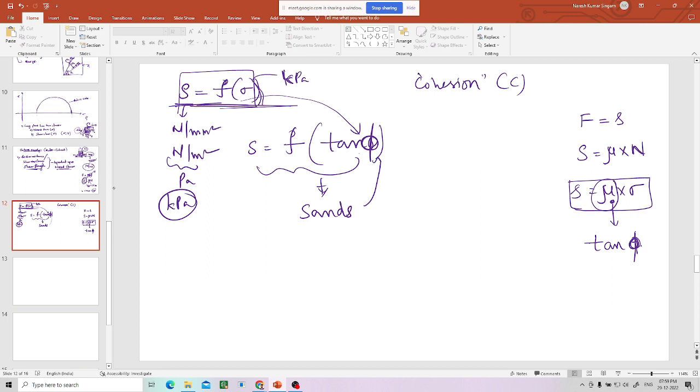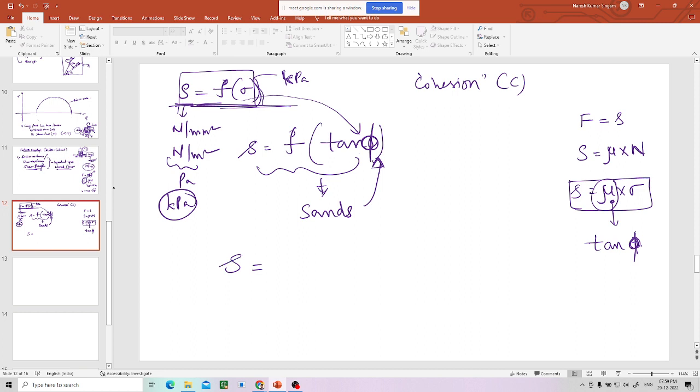Sands will have a friction angle. But what about clays? Clay also has some shear strength, but it does not have a friction angle. For clays, friction angle is zero, but still it has some shear strength. That means shear strength is not just a function of sigma or tan phi, it is also a function of C.